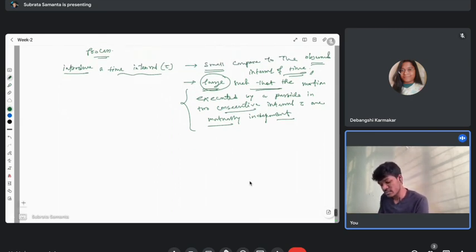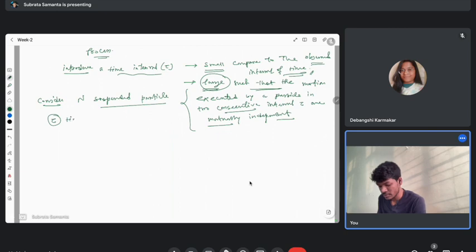Suppose there are suspended particles, so consider a suspended particle, and each time interval tau.